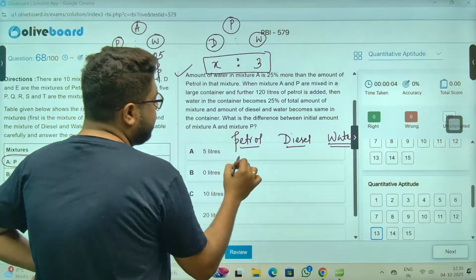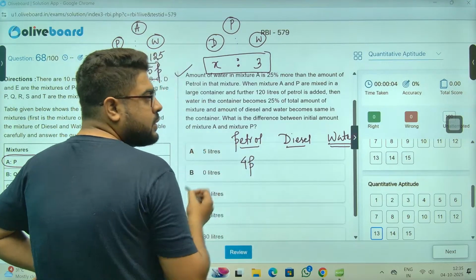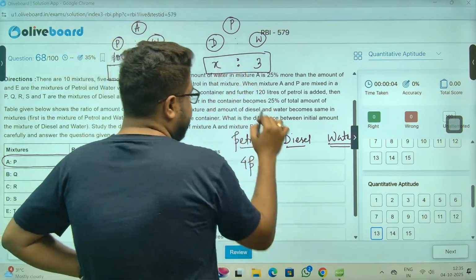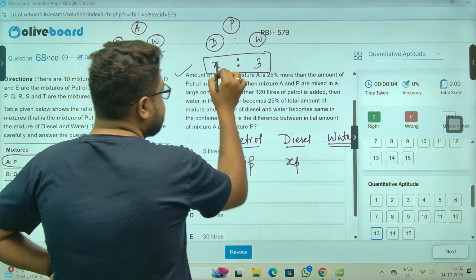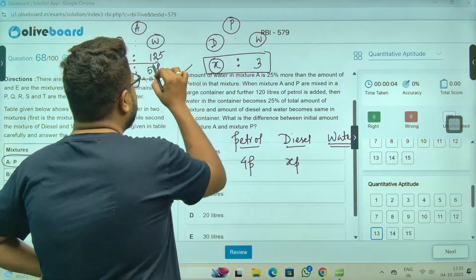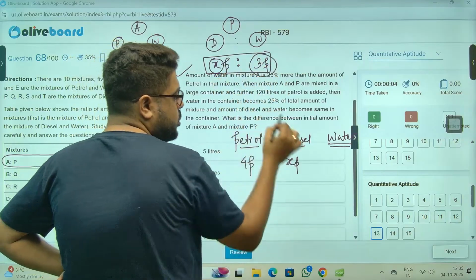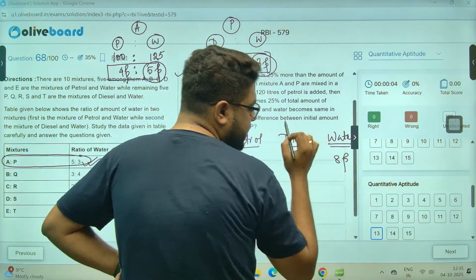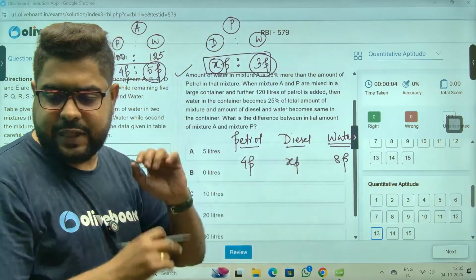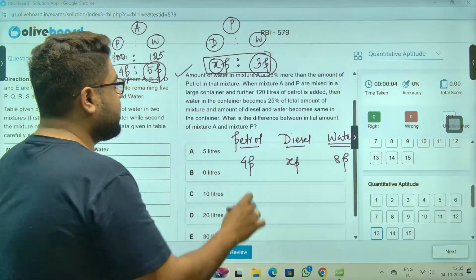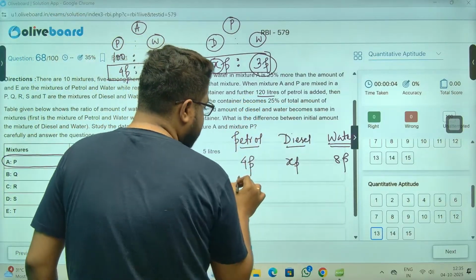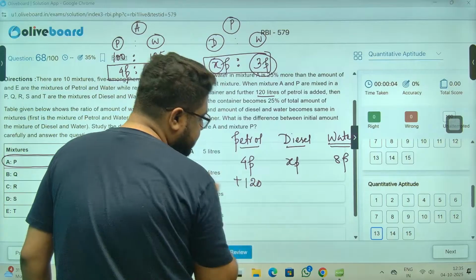Sir, petrol will be 4P liters. Diesel will be, sir, what? XP liters, sir. This is X into P. Water will be 5P here, 3P here. So that is 8P liters. This is once I've mixed everything in one place. And further 120 liters of petrol is added, plus 120 liters.